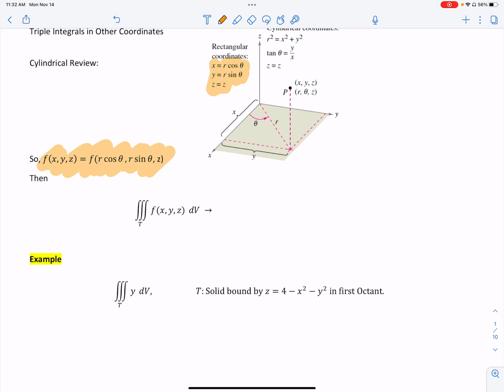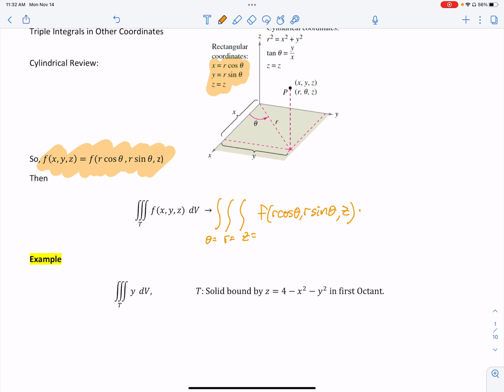So when we go from a normal triple integral over some region T, don't let that trip you up. I am going to do theta equals, and then r equals and z equals. I'm going to leave them like that. And then inside of it, we have our function in terms of what we have there. So this is for cylindrical.